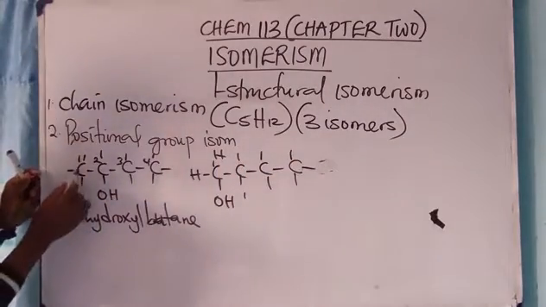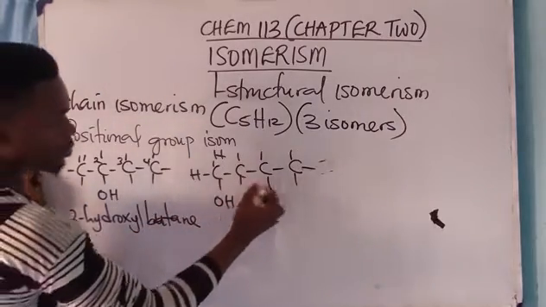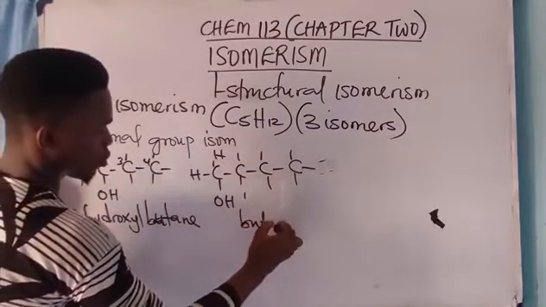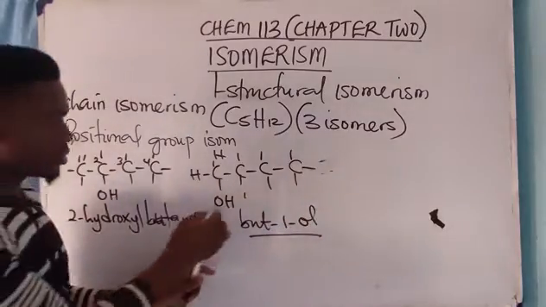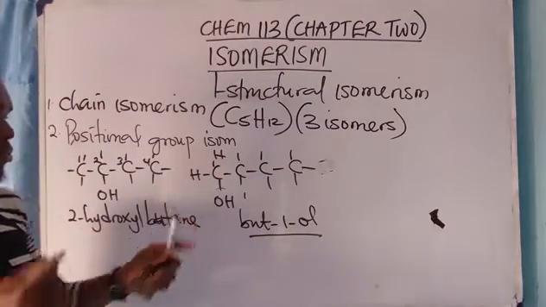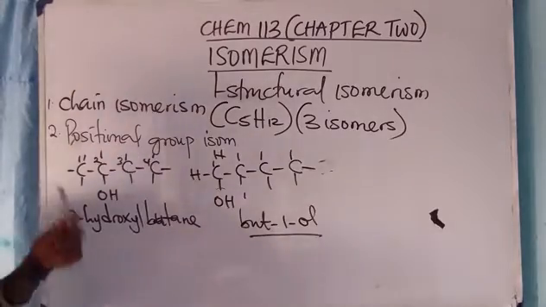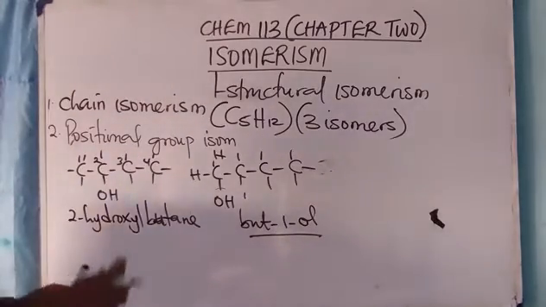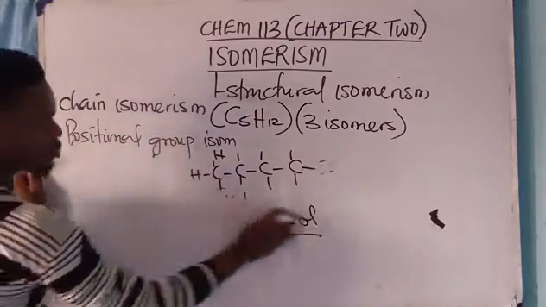Here it was 2-hydroxy, and then this one becomes butan-1-ol, because the OH is situated at carbon 1. You see, it has to do with the position of the functional group of a particular homologous series. Now number 3 is structural.